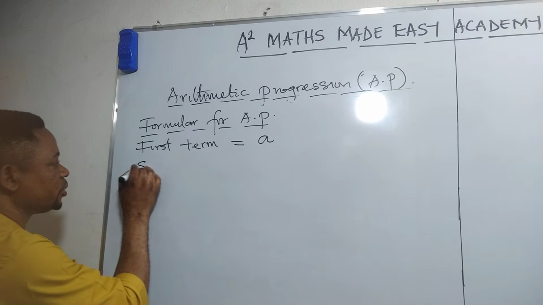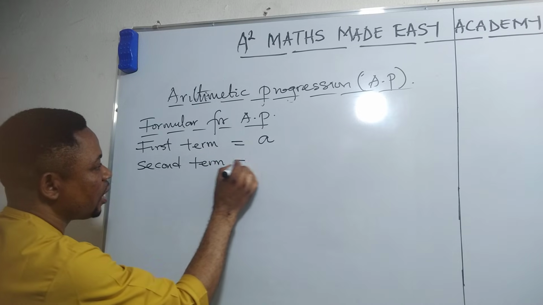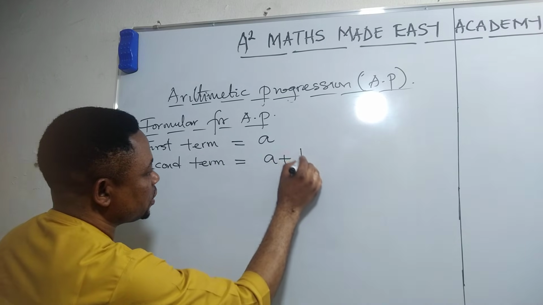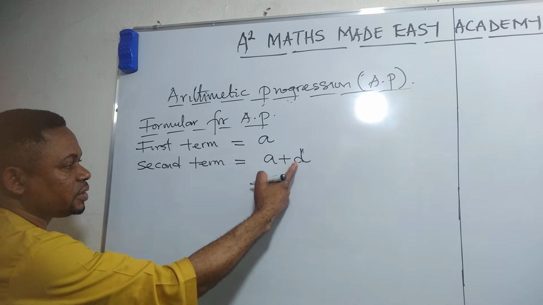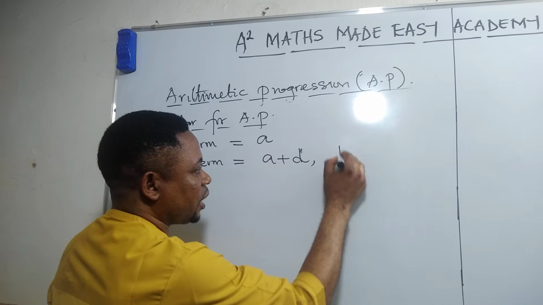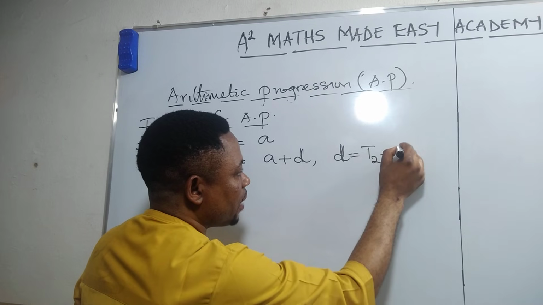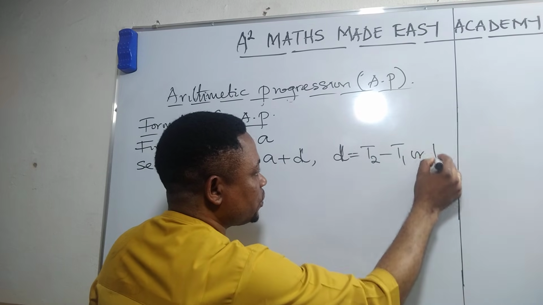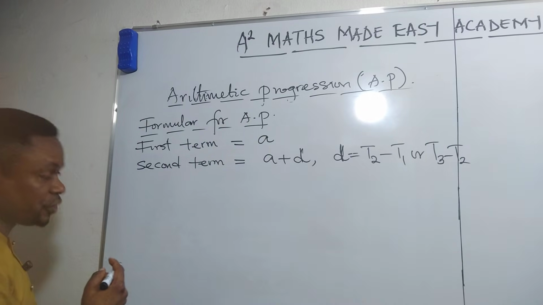Now, in a question, if you hear the word second term of AP, have it in mind it is A plus D. A means the first term and D means what? The common difference. And this common difference can be gotten from this formula: the second term minus the first term, or rather we say the third term minus the second term. Are you with me now?